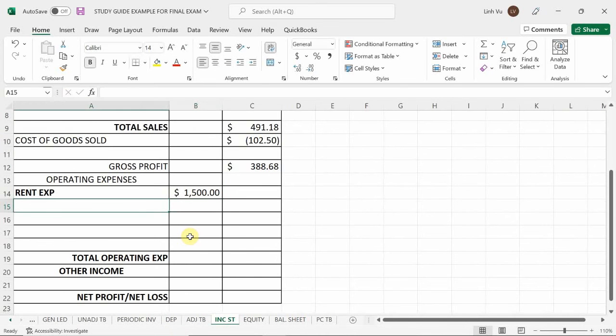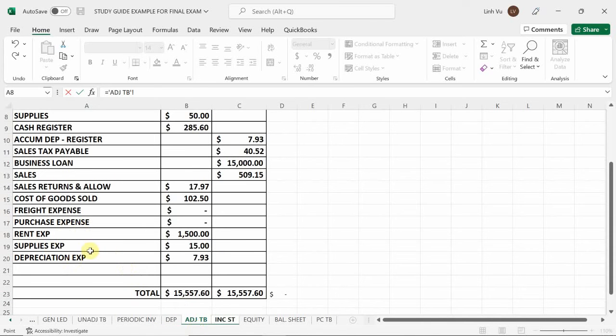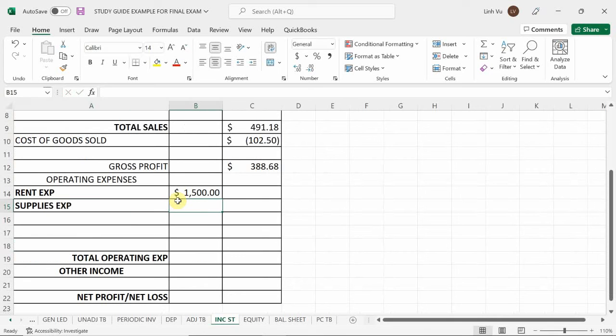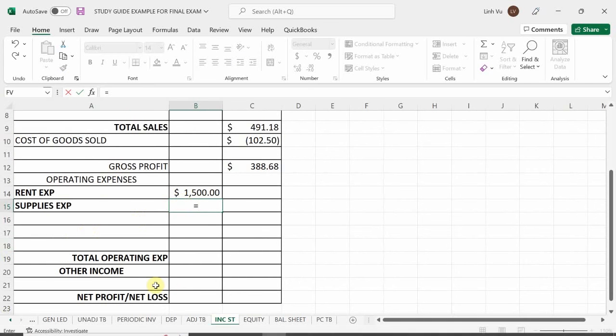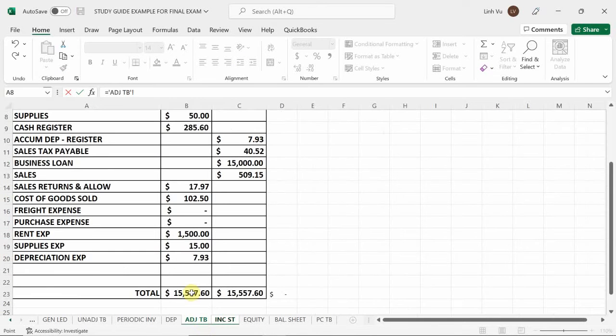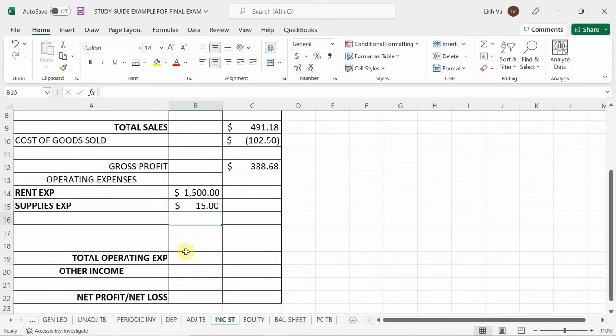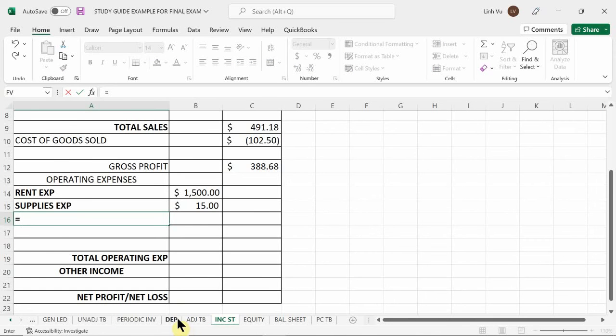Now, what is the next expense that I have? Supplies expense, for $15. And then last but not least, what's my last expense that I incurred?